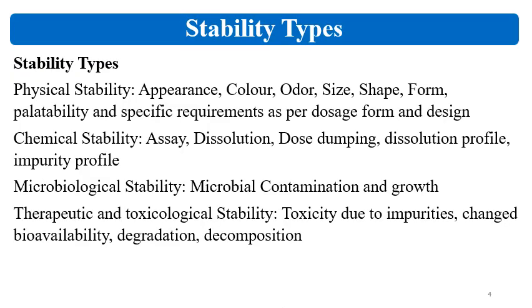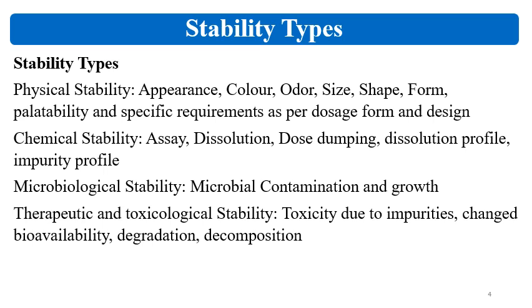Then what are the stability types? Like you can say in other words the stability CQAs. These are physical stability, chemical stability, microbiological stability and therapeutic and toxicological stability types.